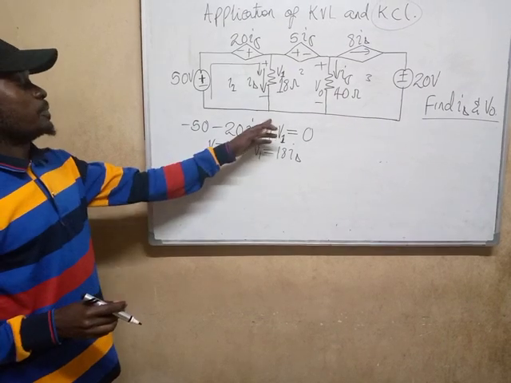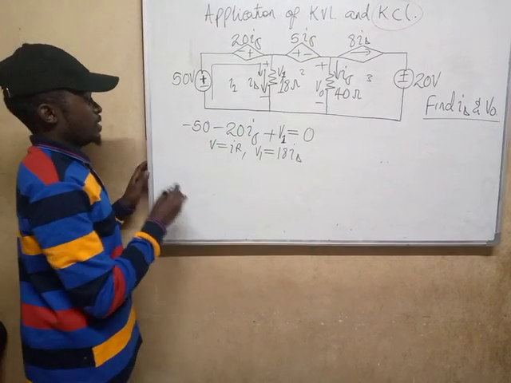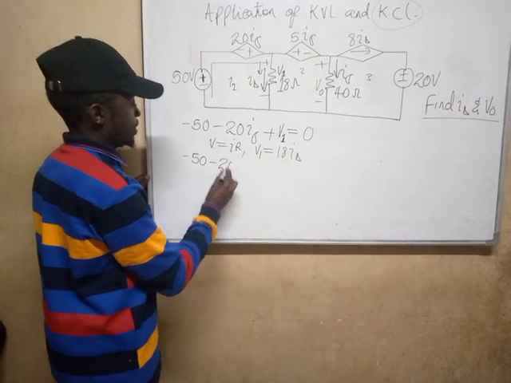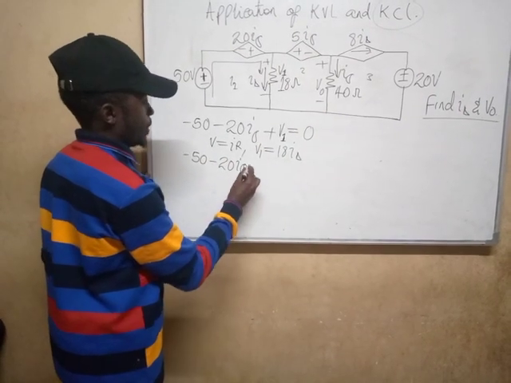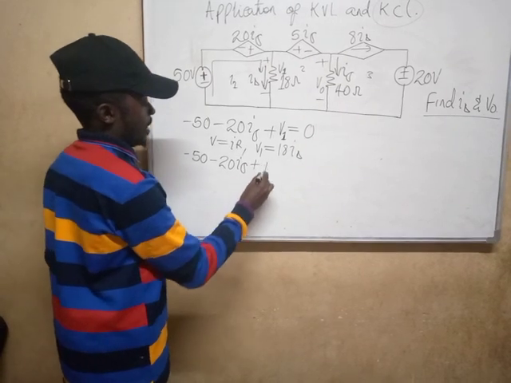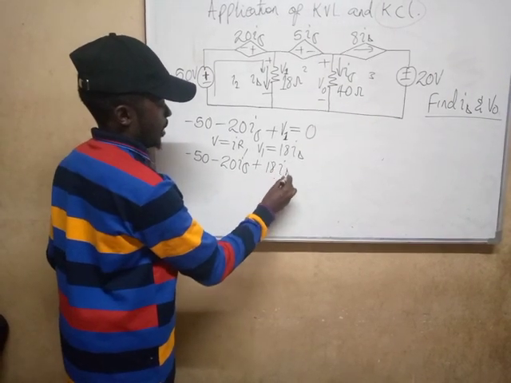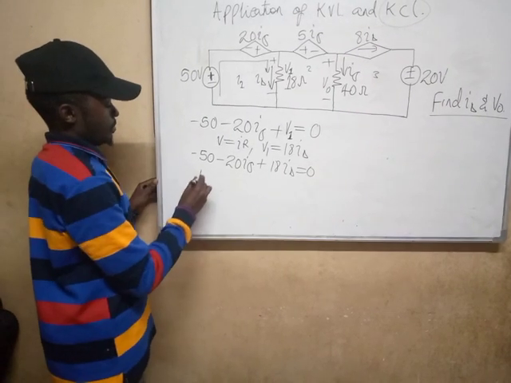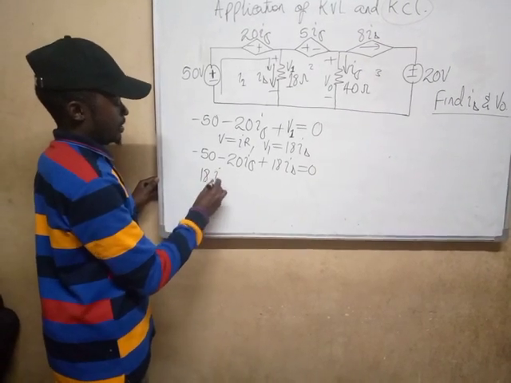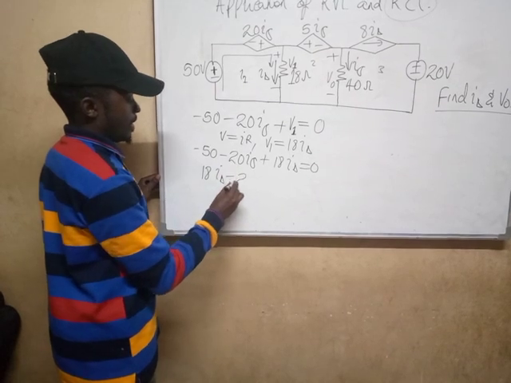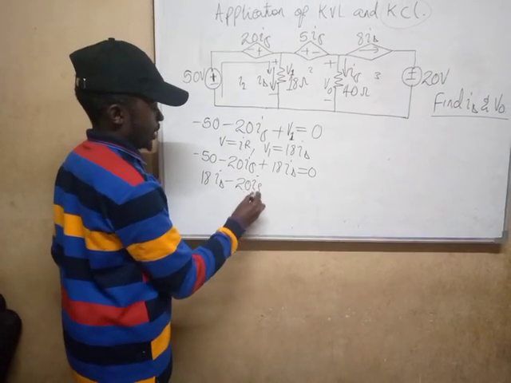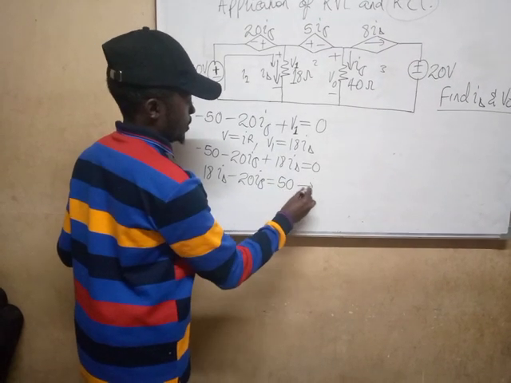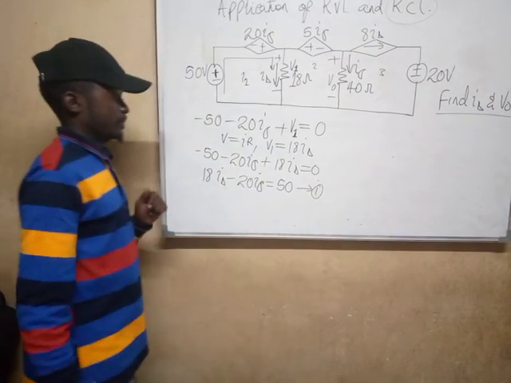Replacing in this equation, I get minus 50 minus 20 I sigma plus 18 I delta equal to 0. So 18 I delta minus 20 I sigma equals 50. This is my equation 1.